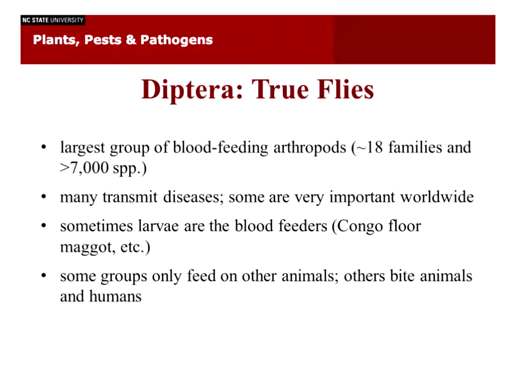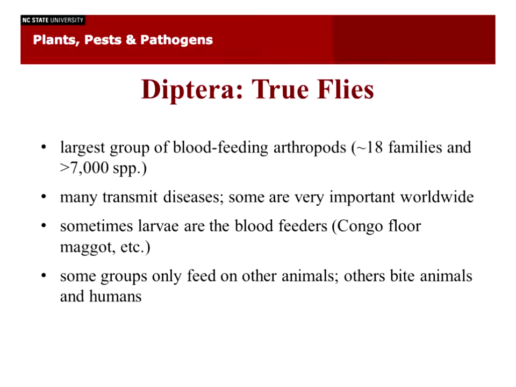There are over 7,000 species that feed on blood in the world, and about 18 families. Blood feeding has actually originated at least 12 times in flies, so they're very successful blood feeders. This also means that many of them transmit diseases, and some are, of course, very important worldwide. For instance, malaria, things like that, are very common killers of people.